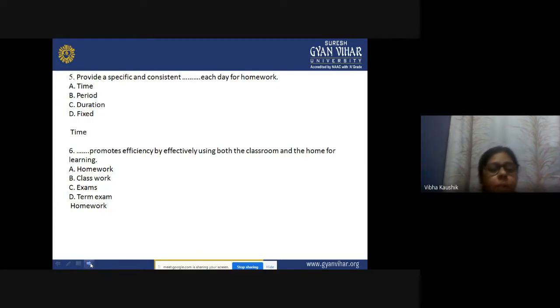Now the options are A homework, B classwork, C exams, or D term exams. Now you have to select the correct one, and the correct one will be option A, that is homework. So homework promotes efficiency by effectively using time in the class or after the class, as set by the teacher.